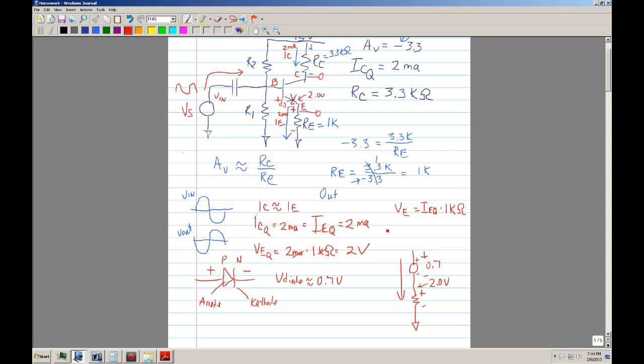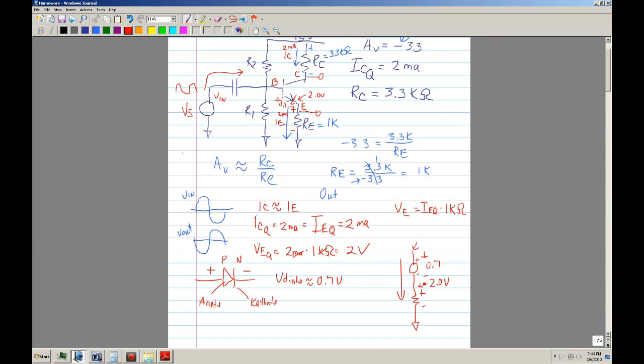So if I've got 2 volts here and this is 0.7, what am I going to have here? Positive, negative, positive, negative: they add up, they don't subtract. So what are you going to get here?